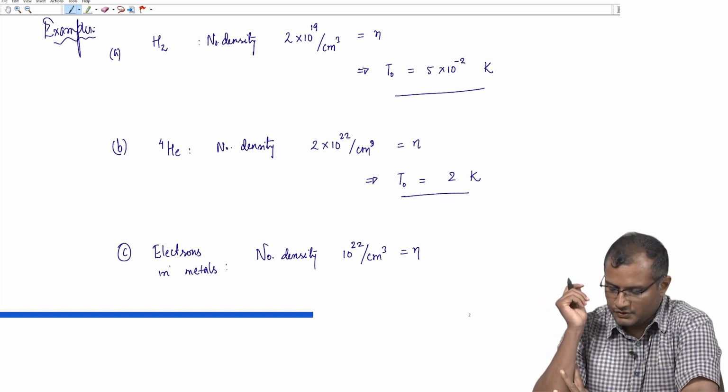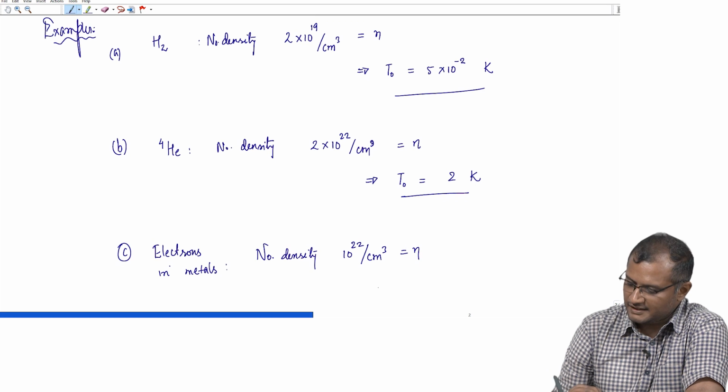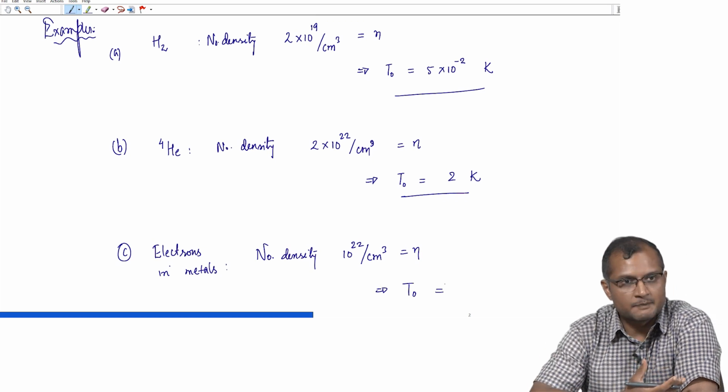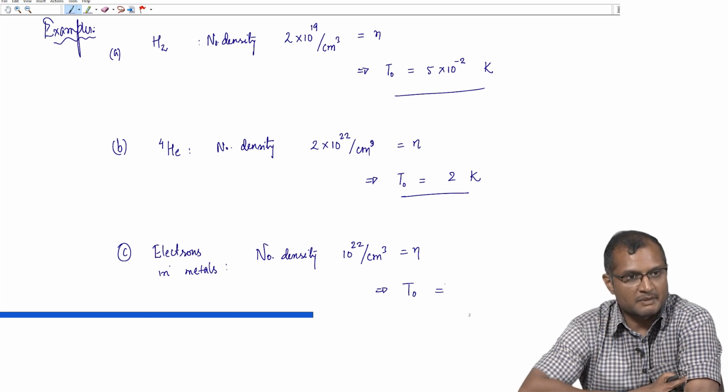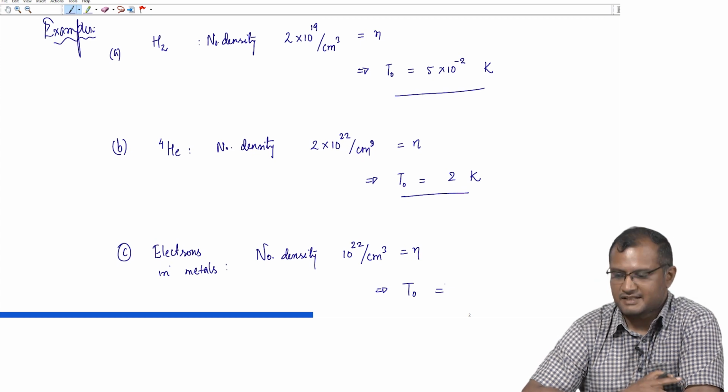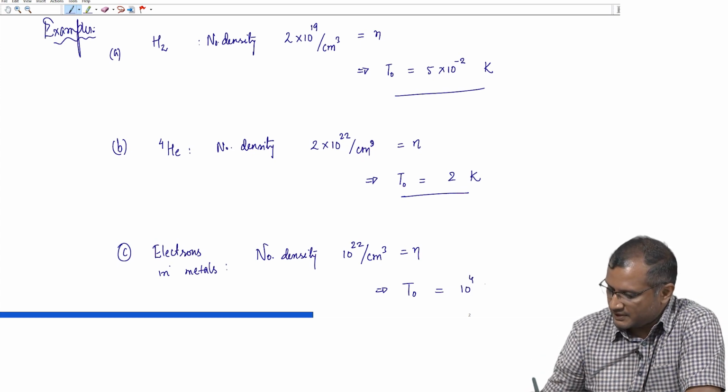Okay. So, if you take this number density and do this calculation, you will get, as expected, a much higher degeneracy temperature. This degeneracy temperature comes out to be 10 to the power 4 Kelvin.